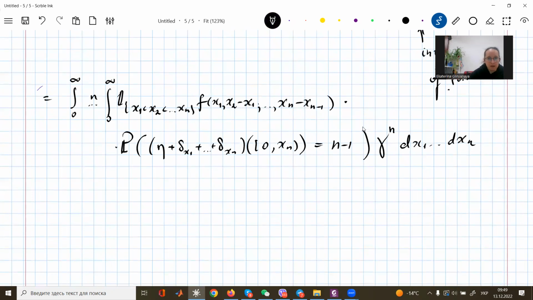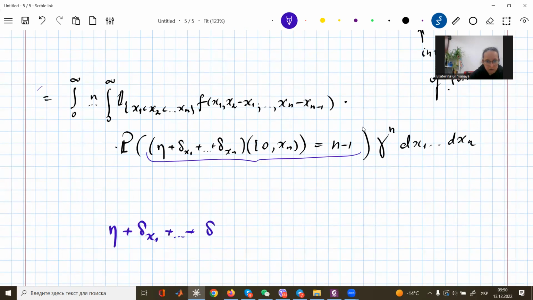Okay, let us consider now this probability. Let us consider this event. What is this? I have a measure of such form, whose value on the interval (0, xn) is equal to n minus 1.